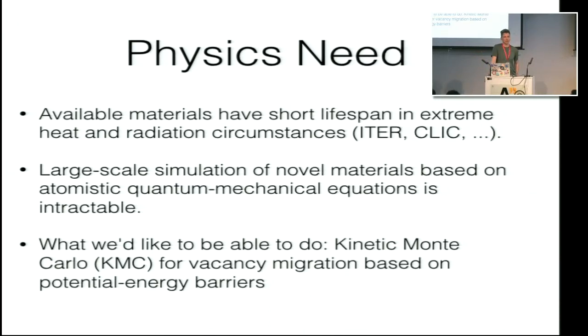We are actually using machine learning to simulate things faster. So we're trying to bypass the slow computations by plugging in a machine learning component that is much faster to use and to obtain the physical quantities that we want. And in particular, we'd like to do something called kinetic Monte Carlo, which probably you guys are familiar with.